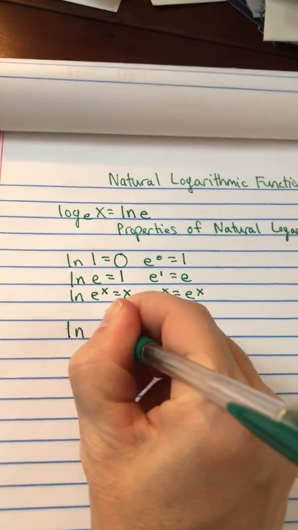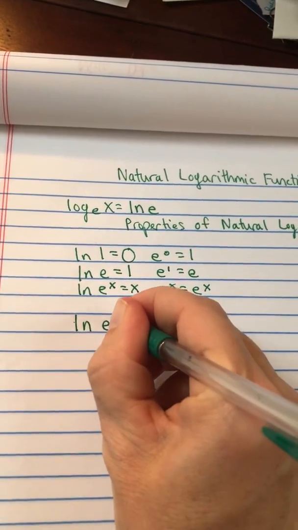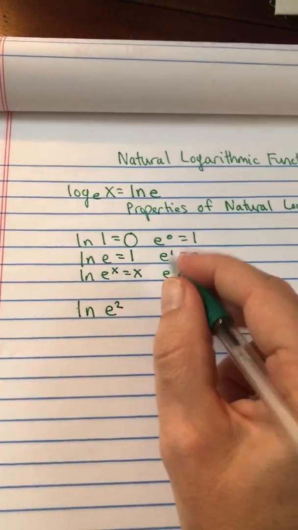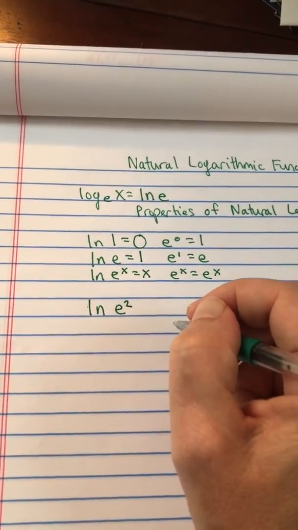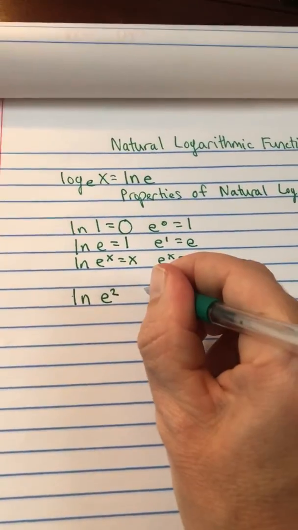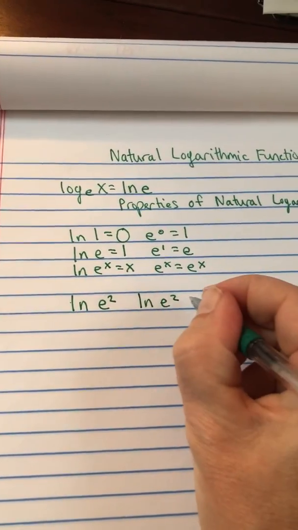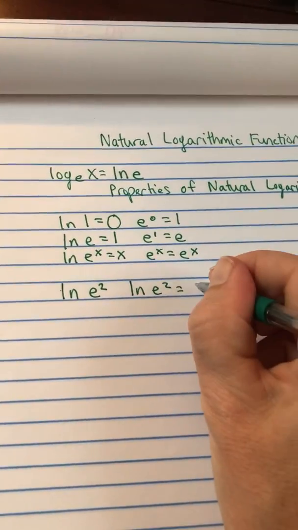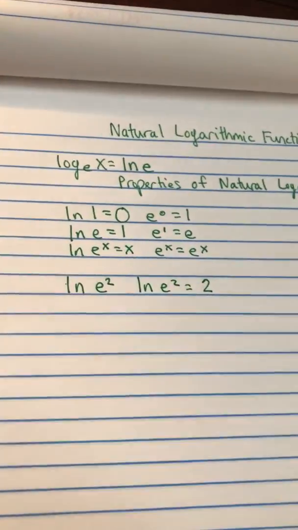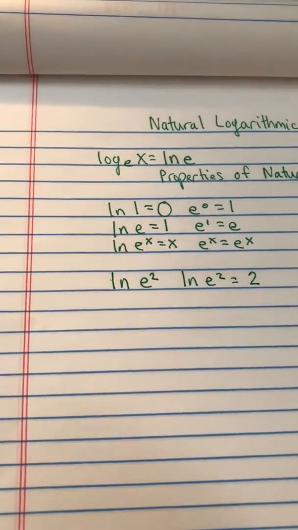The natural log of e squared. So that's just gonna look like, well, I don't give you a lot here. The natural log of e squared equals 2. All right, let's look at the next one.